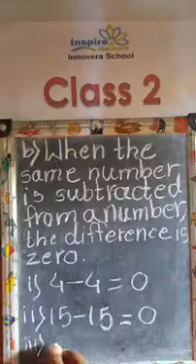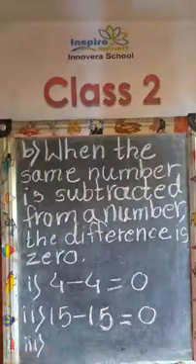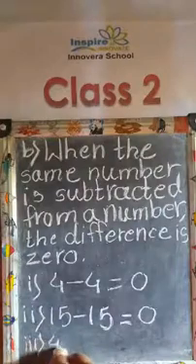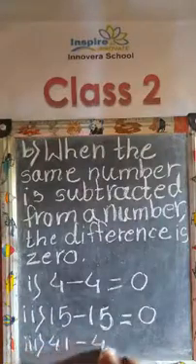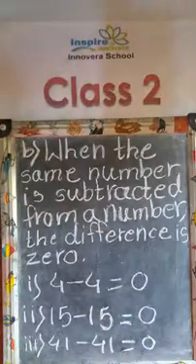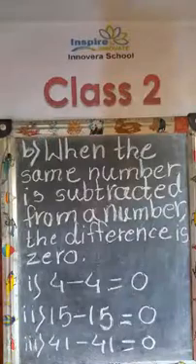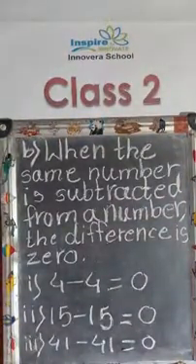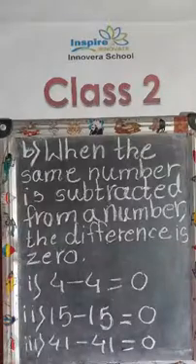One more example I am giving. Any number you can take, a 1-digit number, 2-digit number or 3-digit number, you will get the answer 0. Is that clear now? Okay. Now some more examples I will be giving to you all, so you can find that.